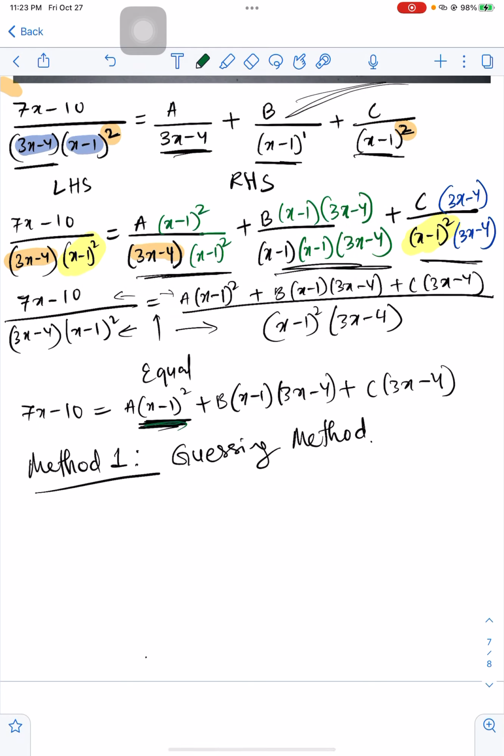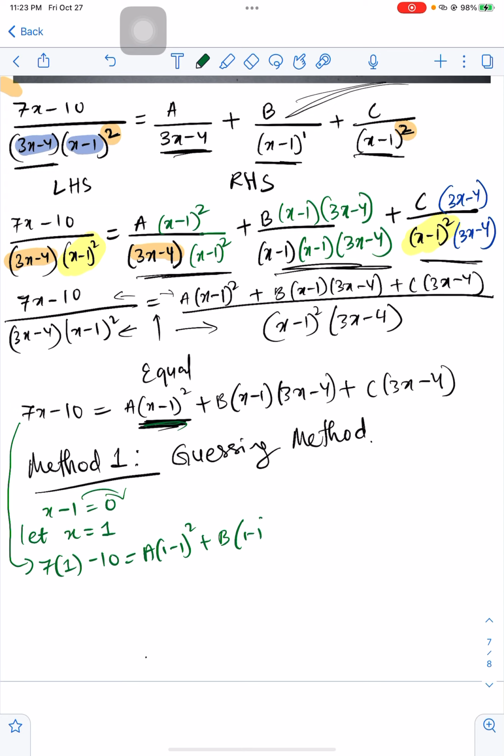The bracket x minus 1 equals 0, so try to find the value of x. If you take this to the other side, 1. So let x equal 1. Bring the main equation, and wherever there is x, replace it by 1. Then try to resolve the equation.